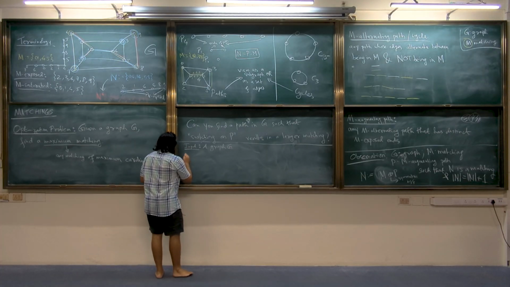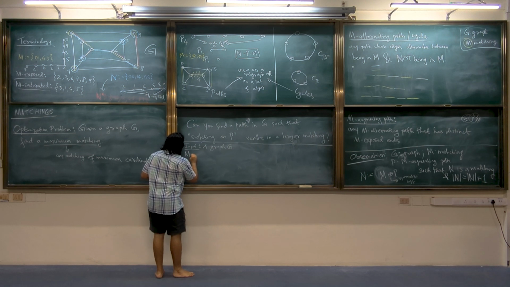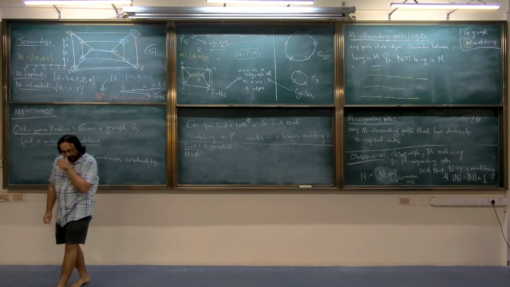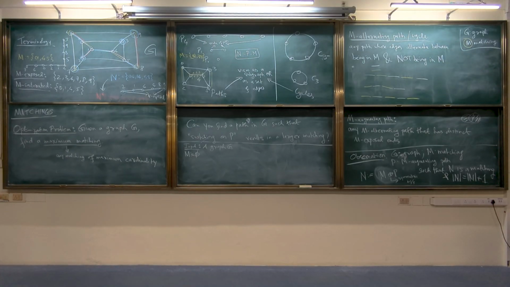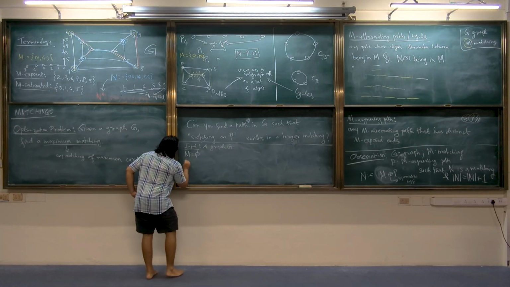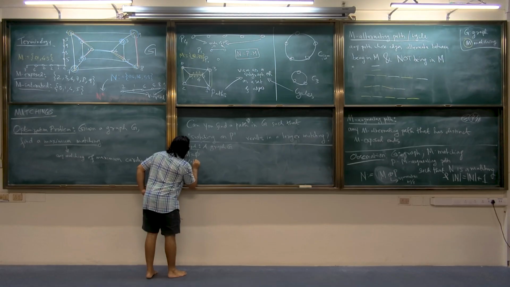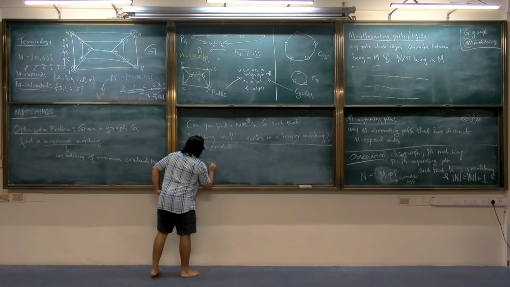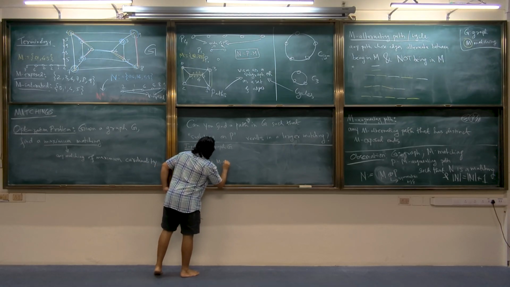Is it good enough? I don't know. So here is the algorithm. Start with the empty matching and find an augmenting path.